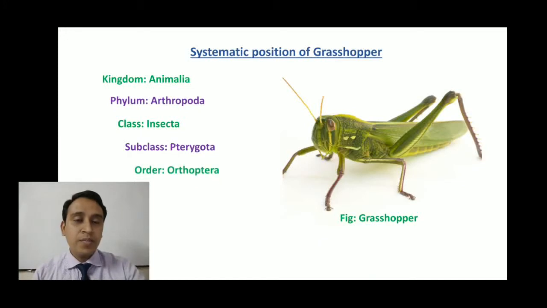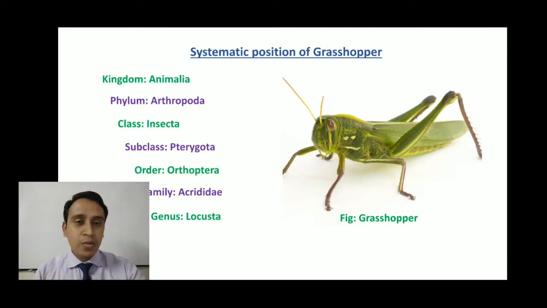And the order is Orthoptera. Grasshopper bears exactly 2 pairs of wings. That's why it is included under the order Orthoptera. And family is Acrididae, because grasshopper bears a pair of short antennae. That's why it is included in the family Acrididae. And genus is Locusta.